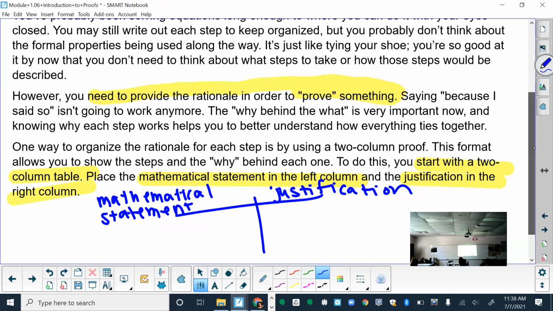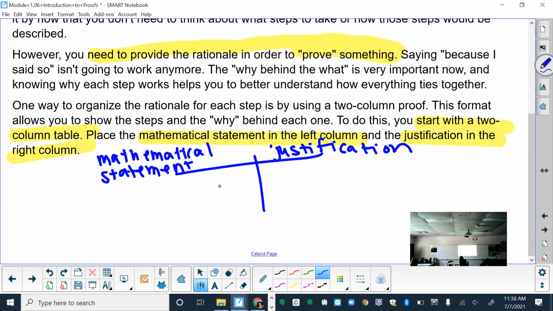And we'll go through plenty of examples, but let's say the problem that I'm given is 2 plus 2. All right, first is usually what you're given. What does 2 plus 2 become? It becomes 4.